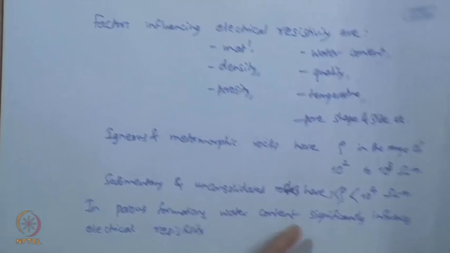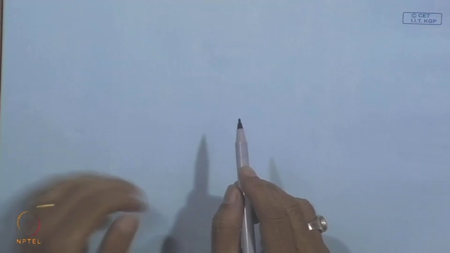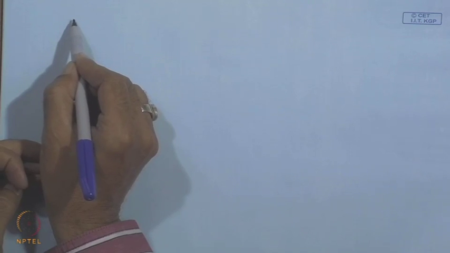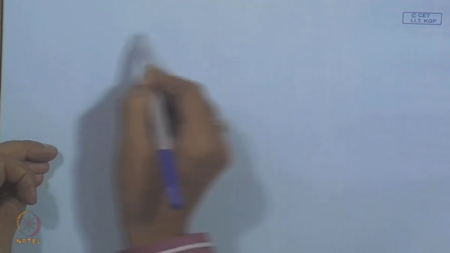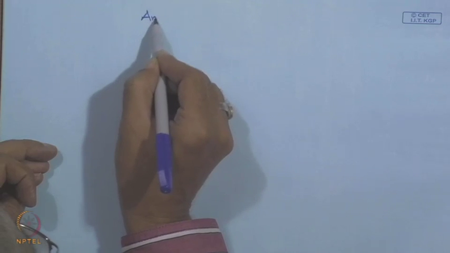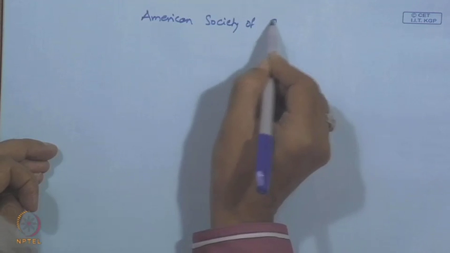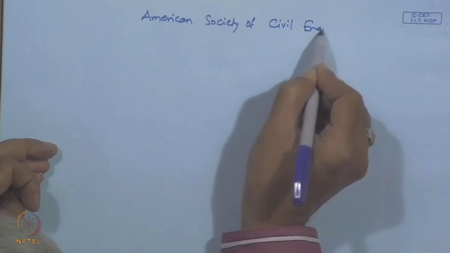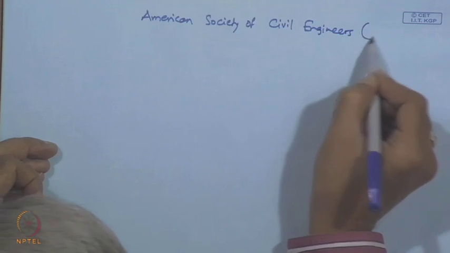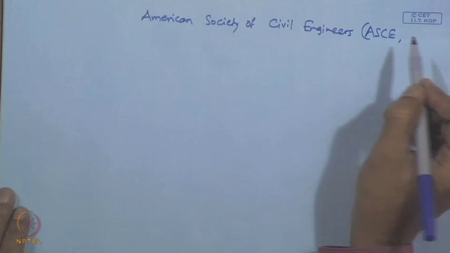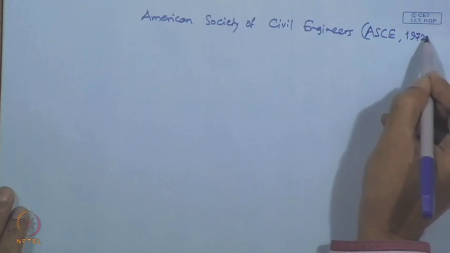The American Society of Civil Engineers has given the representative variation ranges of electrical resistivity in one of its documents published in 1972.